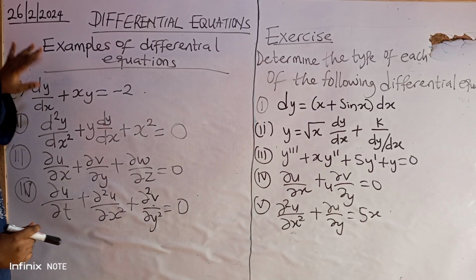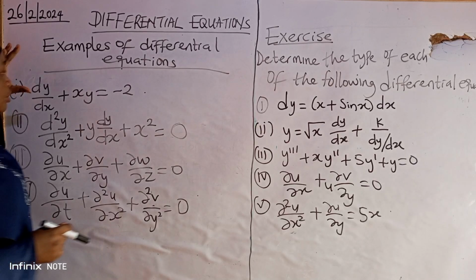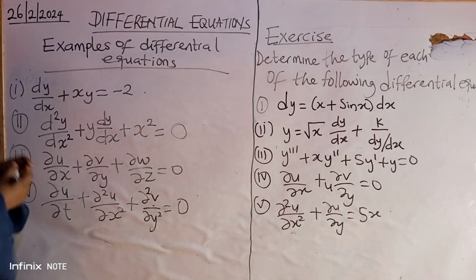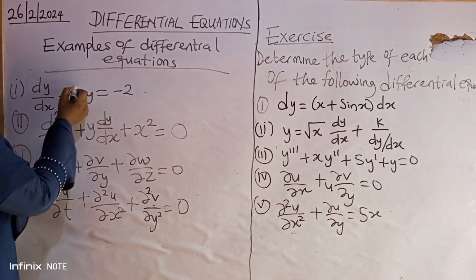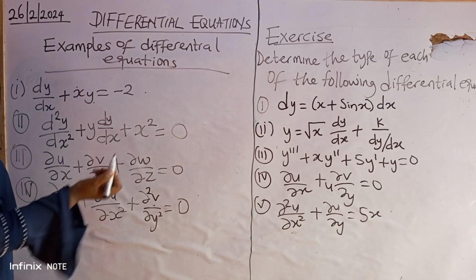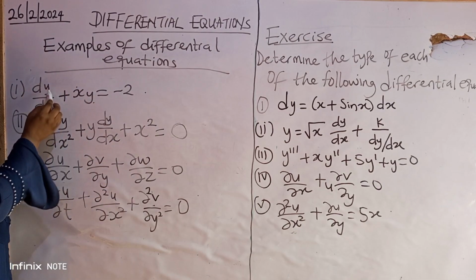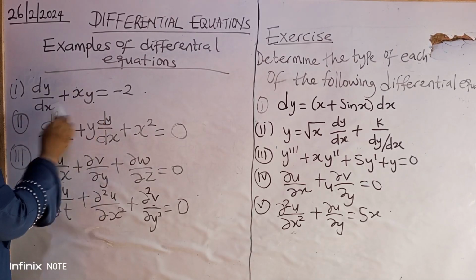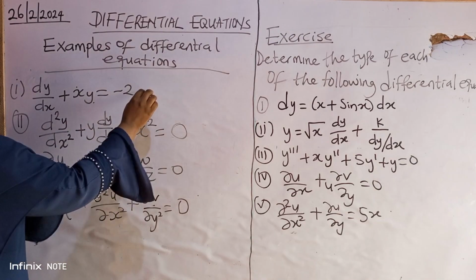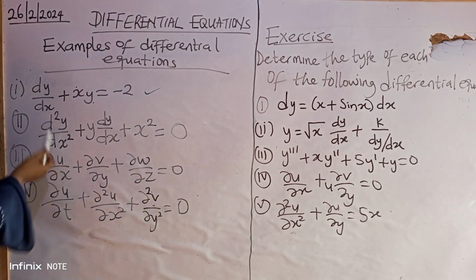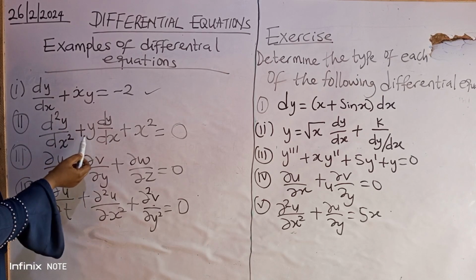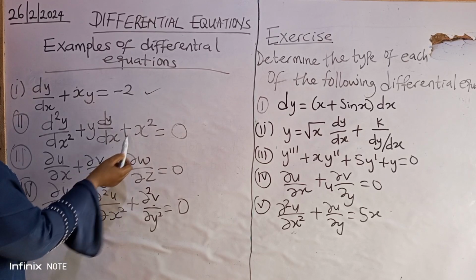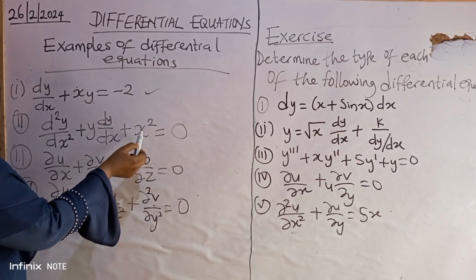So, examples of differential equations. We know that a differential equation involves an independent variable, a dependent variable, and the derivative of the dependent variable with respect to the independent variable. So here is an example of a differential equation. Then here also, d²y/dx² plus y, which is dependent, the derivative of dependent with respect to independent, plus the square of the independent variable.